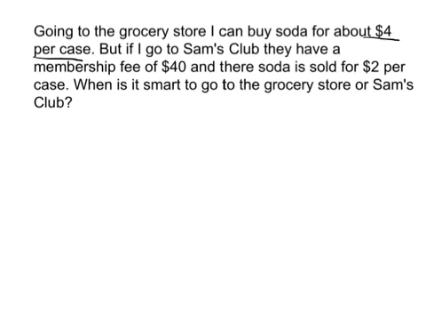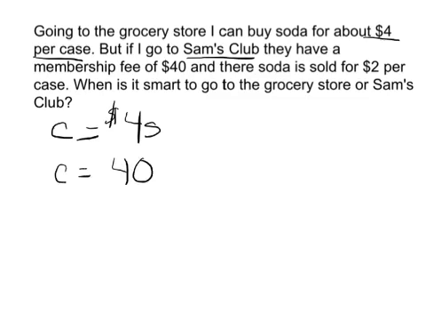So my total cost, C, is going to be $4 per case, per soda. That's my first one, a very simple one. But if I go to Sam's Club, they have a membership fee of $40, so my cost is going to be for sure $40, plus $2 per soda case.